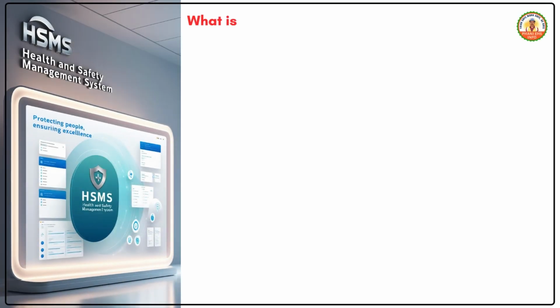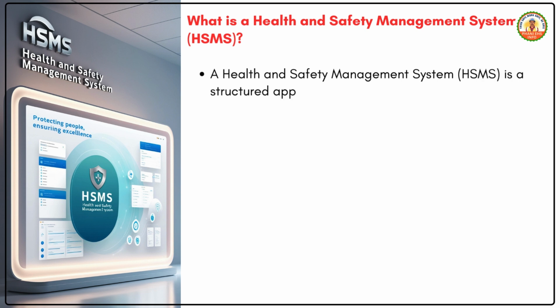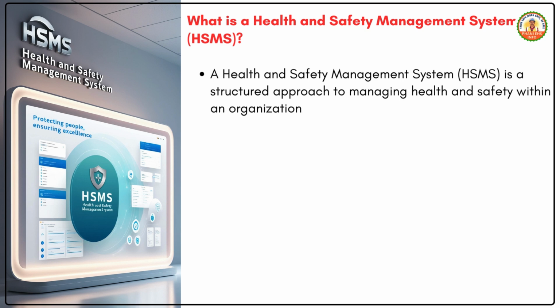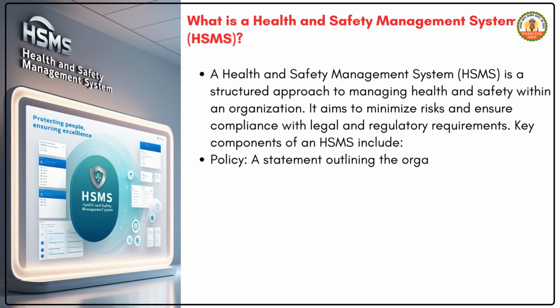What is a Health and Safety Management System, HSMS? A Health and Safety Management System, HSMS, is a structured approach to managing health and safety within an organization. It aims to minimize risks and ensure compliance with legal and regulatory requirements. Key components of an HSMS include policy, a statement outlining the organization's commitment to health and safety.